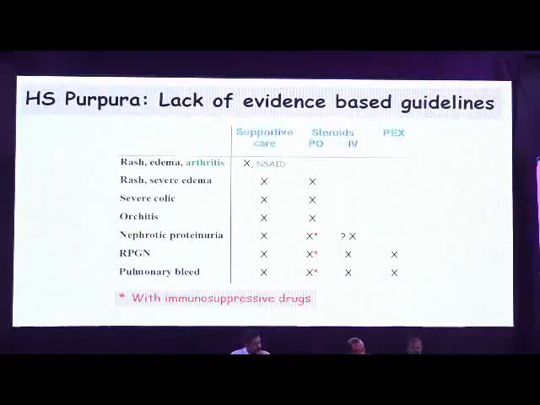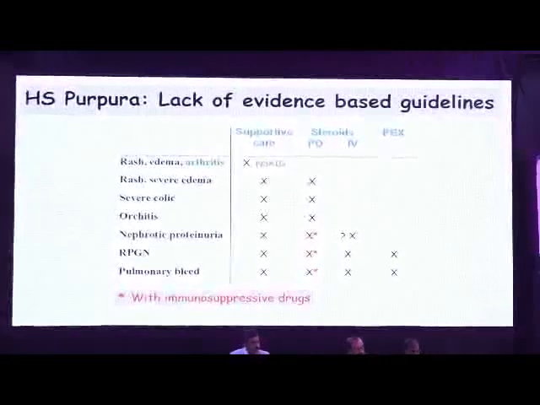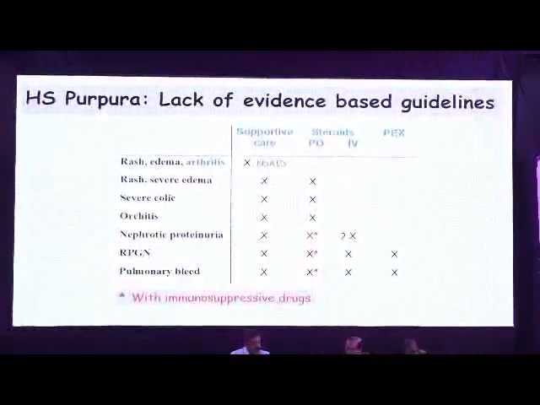A child with orchitis or nephrotic syndrome with HSP may also require steroids with other immunosuppressants like oral cyclophosphamide. And if a child presents with rapidly progressive glomerulonephritis, we may need to give pulse steroids and IV cyclophosphamide. Rarely these children may present with pulmonary bleeds where they may respond to plasmapheresis.